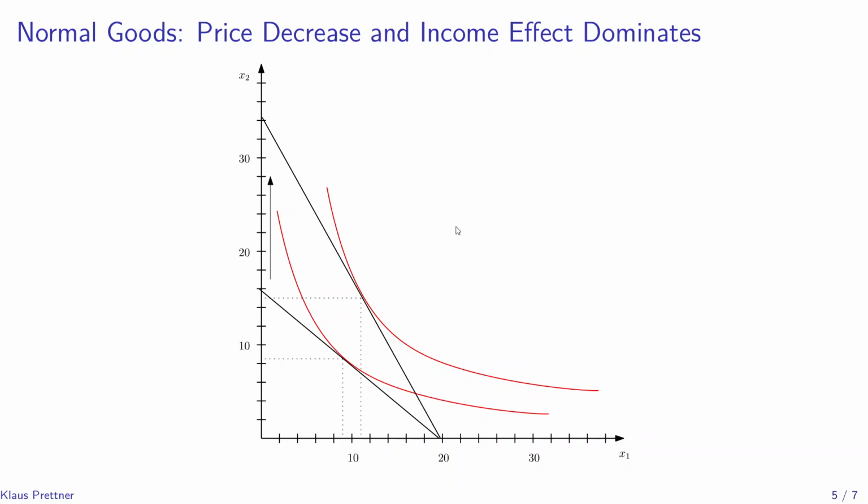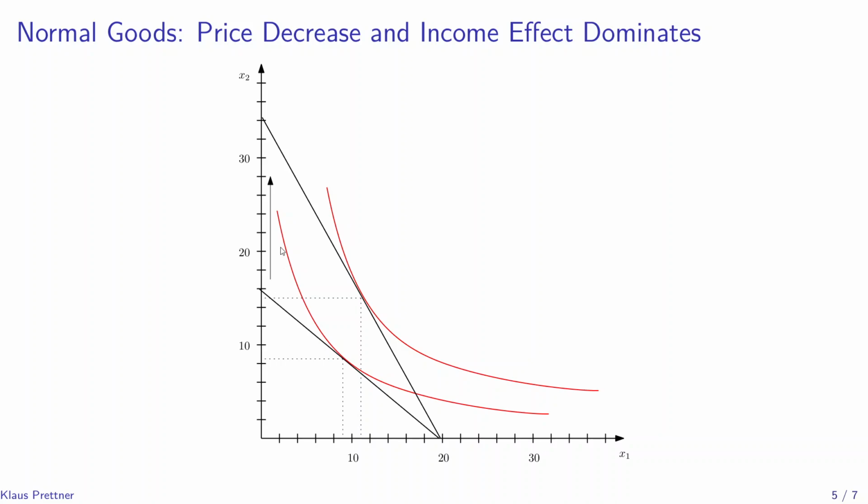In this situation, there are now two cases that can emerge. The first case is depicted here, where the consumer can buy more of good 2, which the consumer does, but the effect on the consumption of good 1 is ambiguous a priori. Why? Because the price of good 2 decreased, the consumer can overall buy more of the two goods. That's the income effect that we will discuss later in more detail.